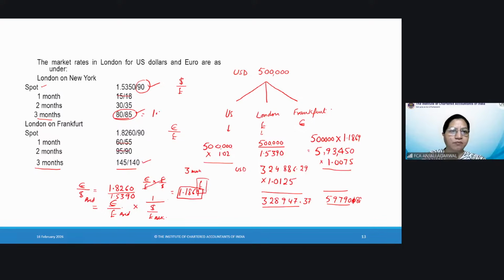So it will be 1.5430, adding 80 to 5350, and 1.5475. These are the rates for dollar against pound after 3 months, 1.5430 and 1.5475.